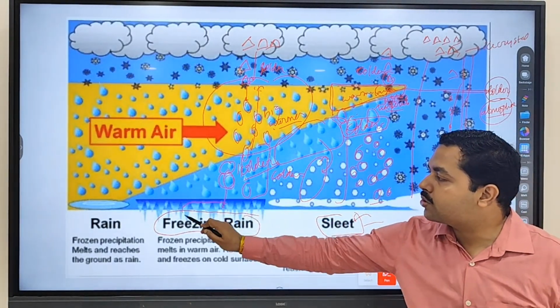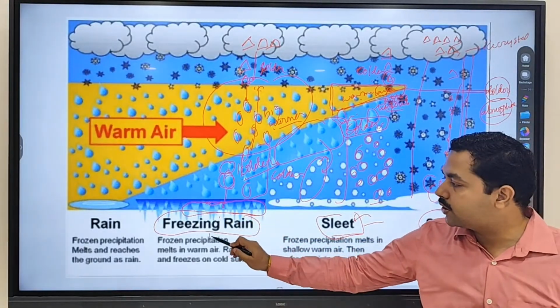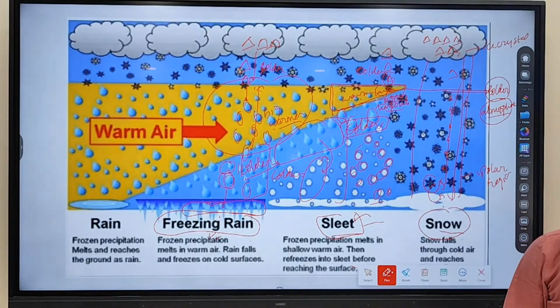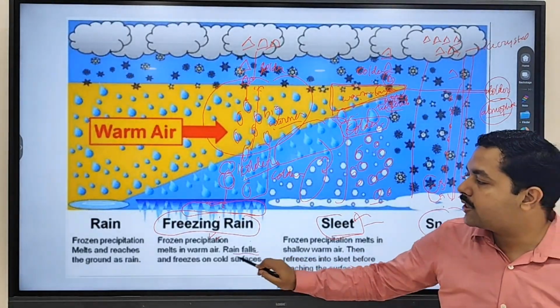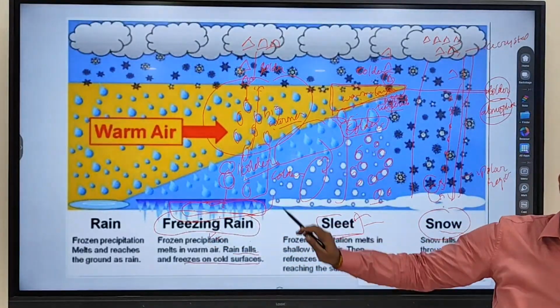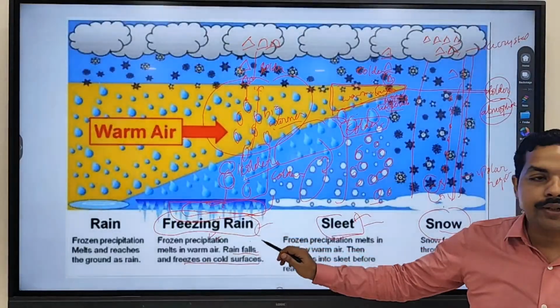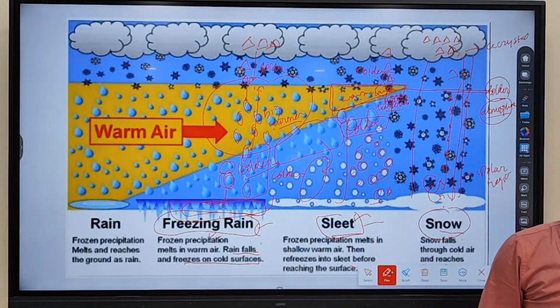Rather, when it reaches the ground, then it freezes. That's why it is called freezing rain. Rain falls and freezes on the cold surface when it hits the ground. This type of rain is referred to as freezing rain.